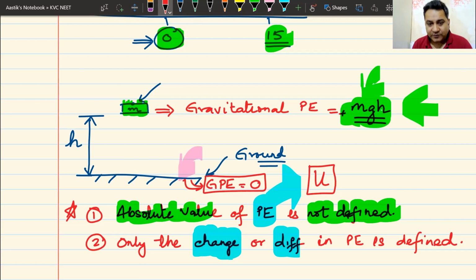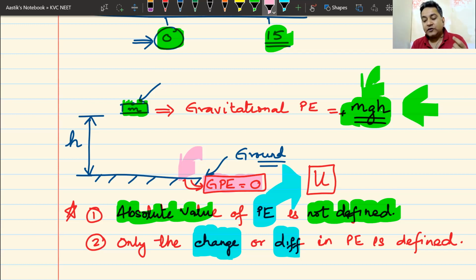Now, once you have assumed that the gravitational potential energy of the ground is zero, then your answer is correct. Then the value of gravitational potential energy of this point at a height h, where a body of mass m is placed, has to be plus mgh. So that is the point you need to understand.